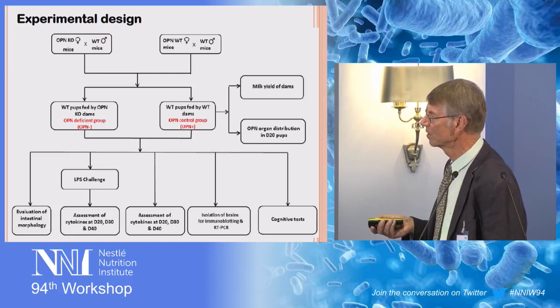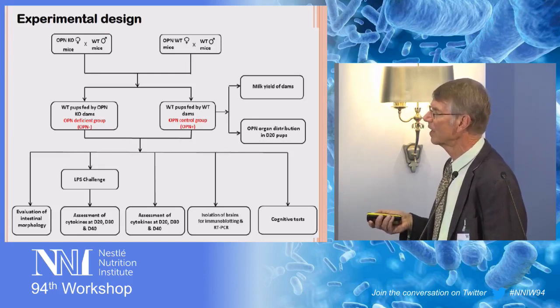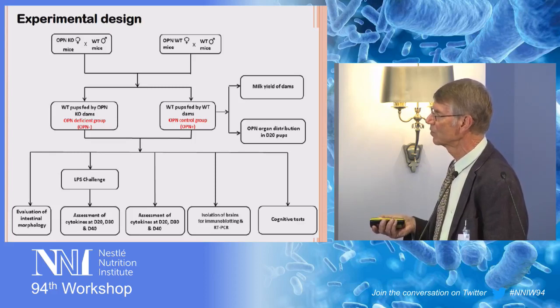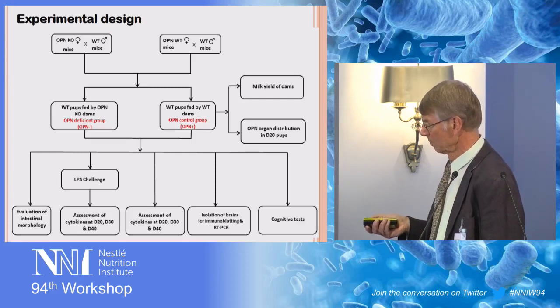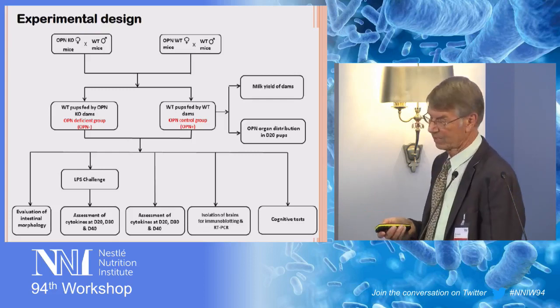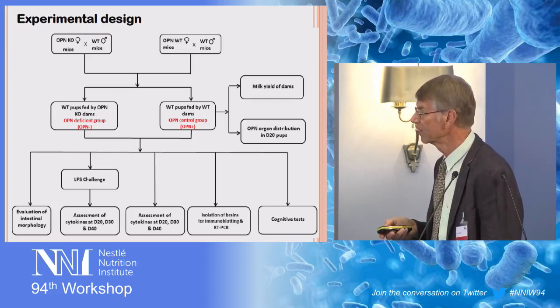We looked at intestinal morphology. We gave them an LPS challenge, and we looked at cytokine response to the challenge. We looked at normal immune function by cytokines, and we looked at the brains, and we also did a battery of cognitive tests to evaluate their brain function.